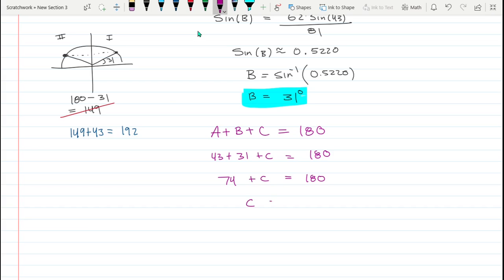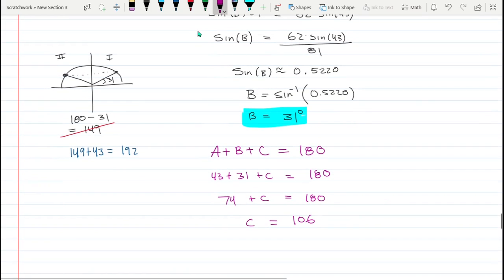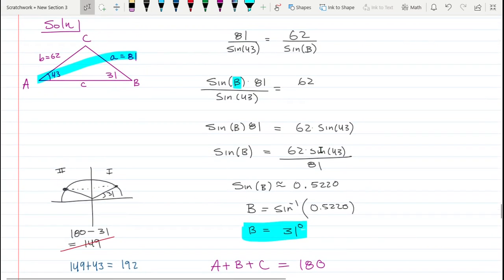And when we take it away from both sides, we get that C is equal to 106. Okay, so we found another angle, but this one was found after we figured out that B was only 31 degrees, right? We have to think about the different possibilities now.